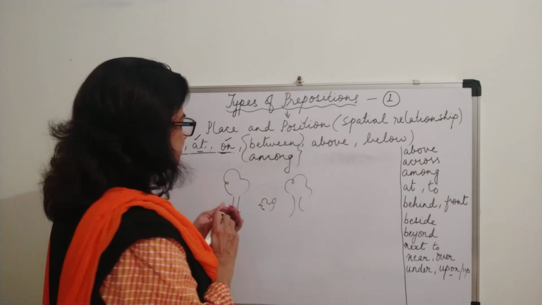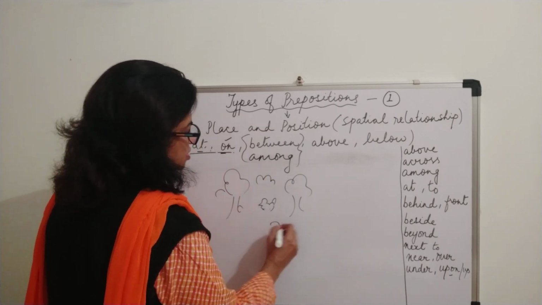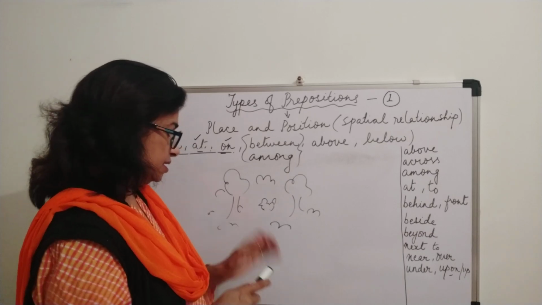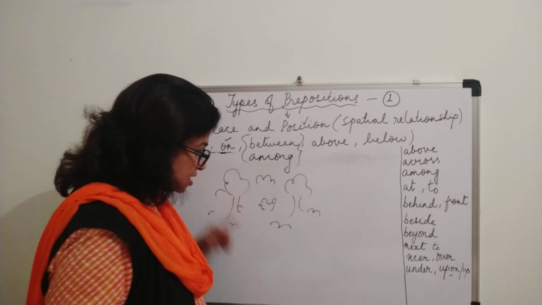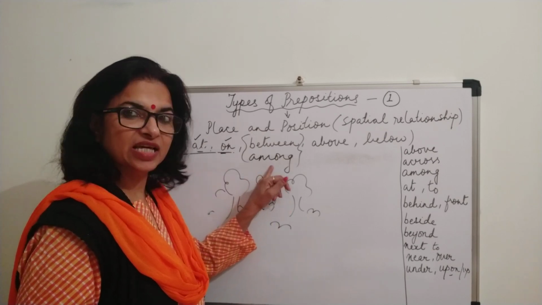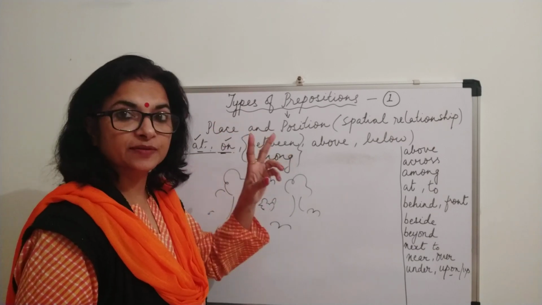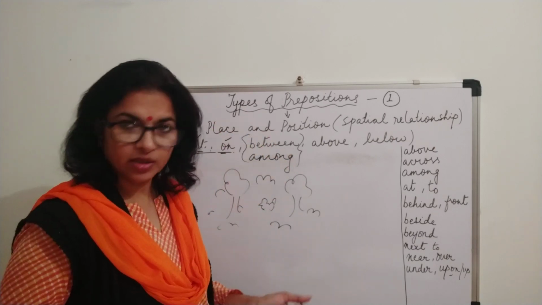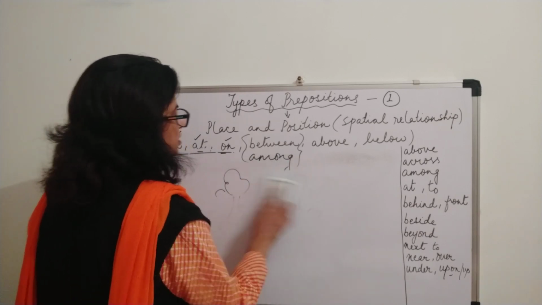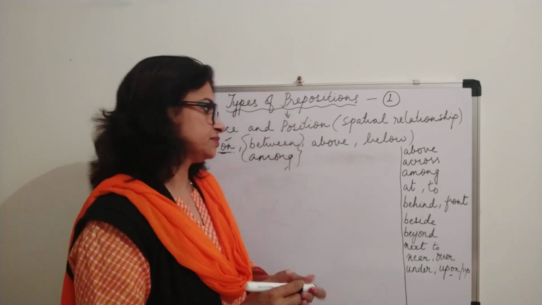But if I say there are bushes here, this is a bush and even this is a bush, all these bushes are there, then I can say the bird is sitting among the bushes. Among means there are so many. So when many are there, we use among. When two are there, we use between. So this is the difference between between and among. So between only with two and among with many.